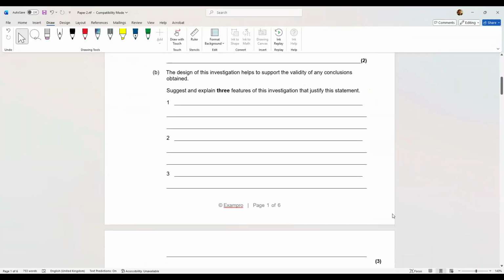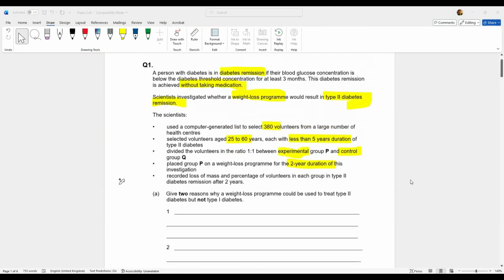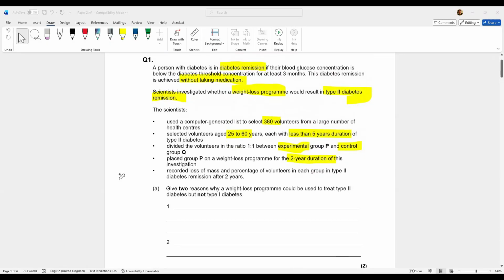They then ask about the design of the investigation, what helps to support the validity of any conclusions obtained. It says explain 3 features of this investigation that justify this statement. Well, if we look at the stem of the question there, then what we can see is that there are some really good points to be made about the validity, particularly random selection.